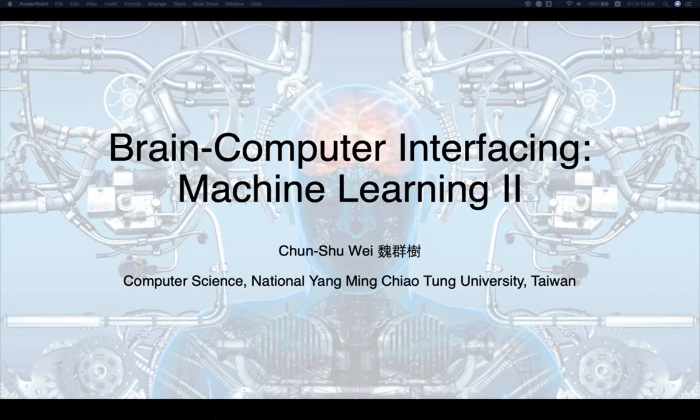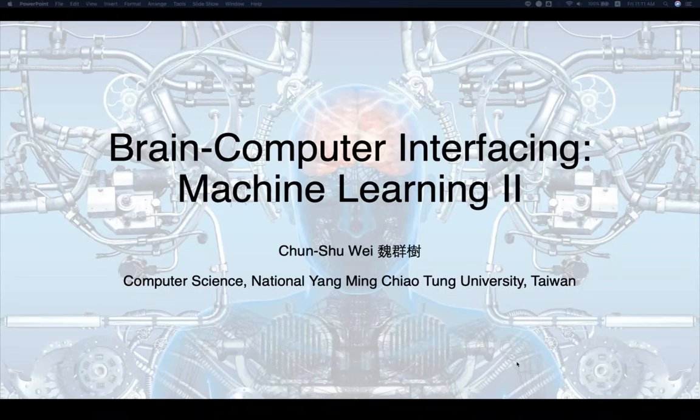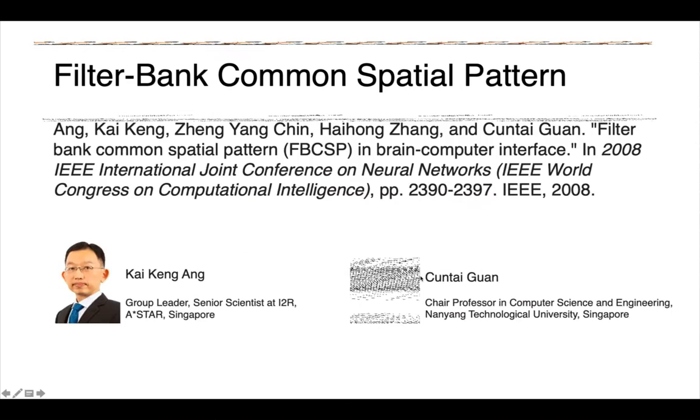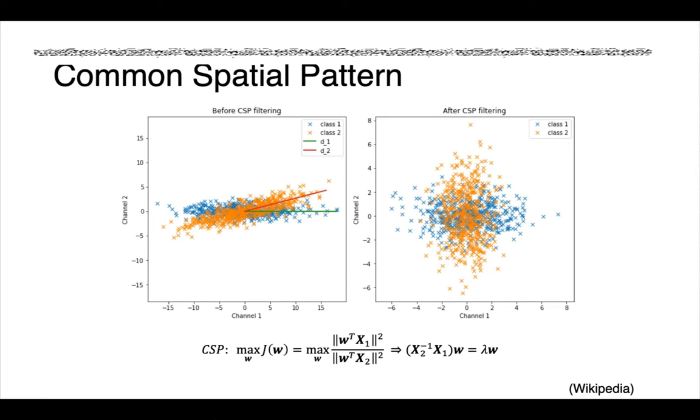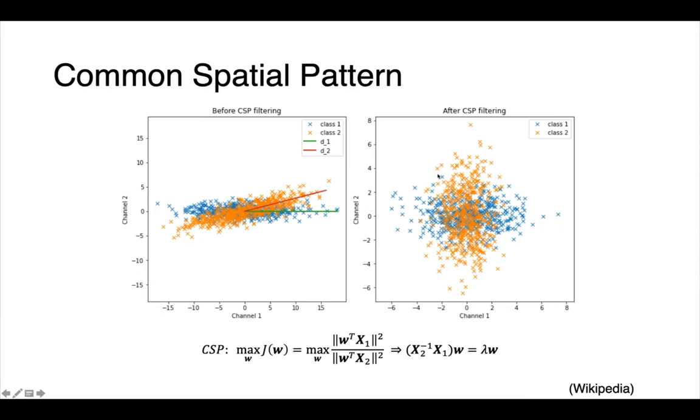The CSP will maximize the variance of one class while minimizing the other one. So it's actually projecting the two classes onto orthogonal axes like this, to help your classification because now you have better separability between classes.